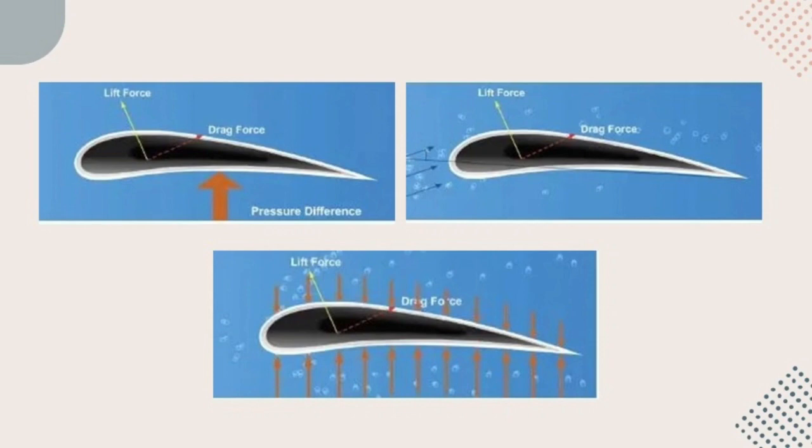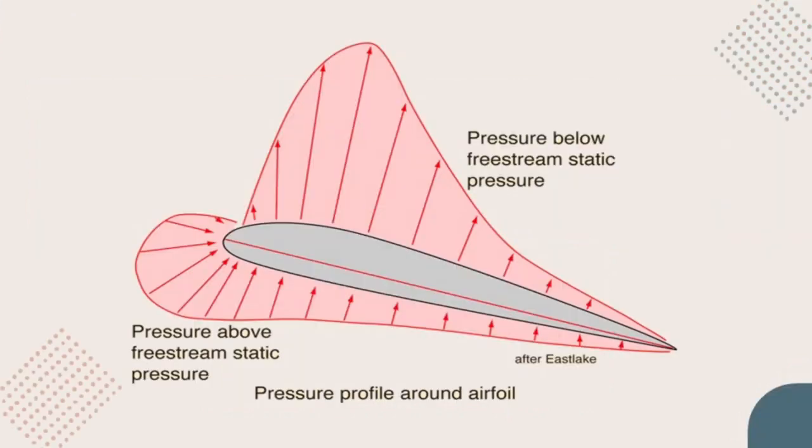The concept is closely tied to Bernoulli's principle, which states that as the speed of a fluid such as air increases, its pressure decreases. In the context of a wind turbine blade, the difference in pressure between the upper convex and the lower concave surfaces is crucial for generating lift.